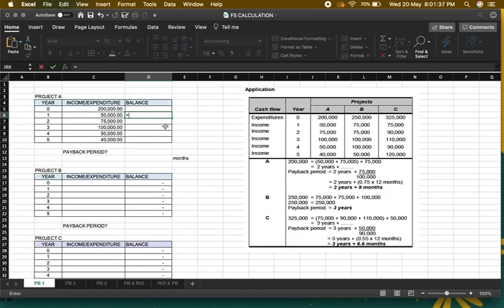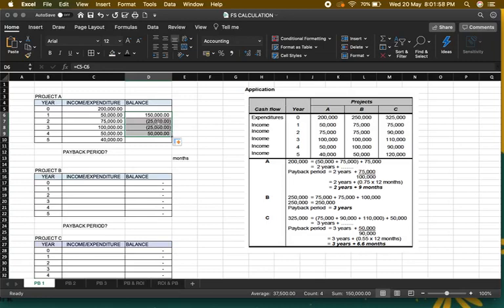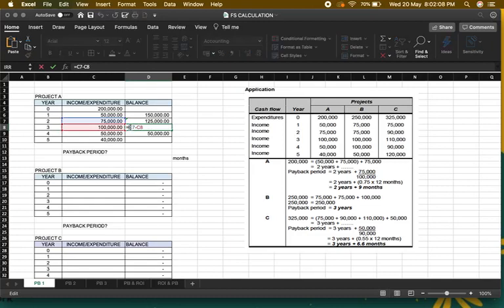So once in the first year you have 50,000, you minus 200 minus this 50,000, and the balance debt is 150,000. Sorry, I made a mistake, it's reversed. Let's restart.